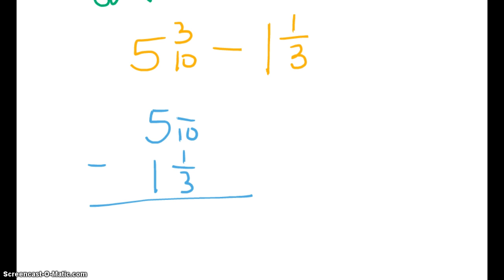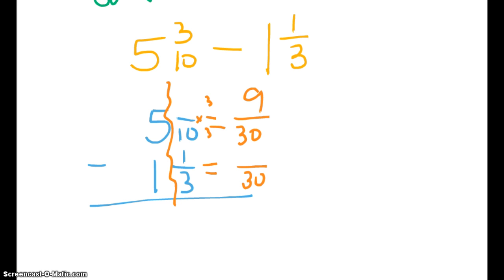All right, now to subtract with fractions, we've got to find a common denominator. So I'm just going to right now worry about my fractions. So I know that 30 is a common denominator between the two. So I'm going to multiply by 3/3, because 10 times 3 is 30 and 3 times 3 is 9.